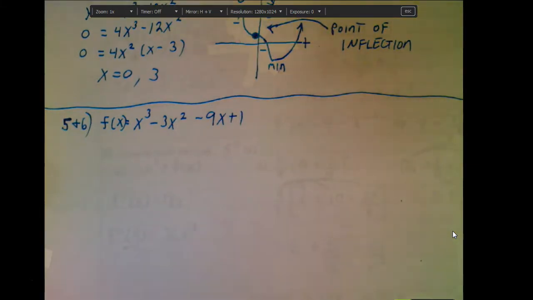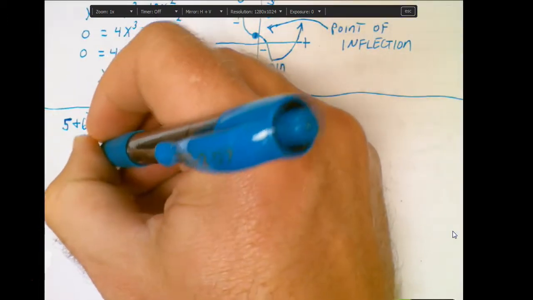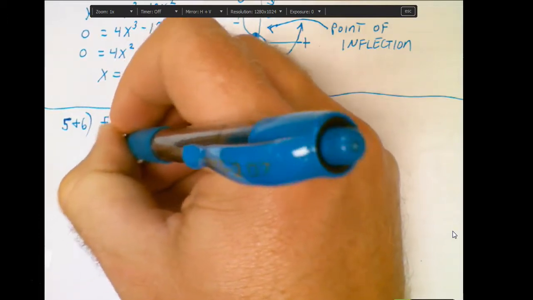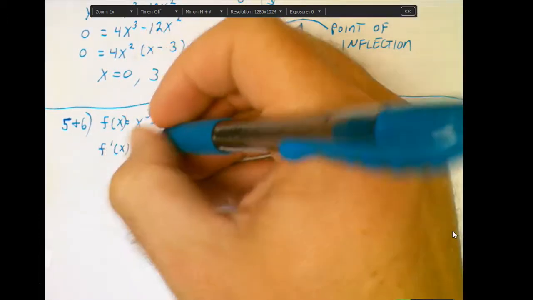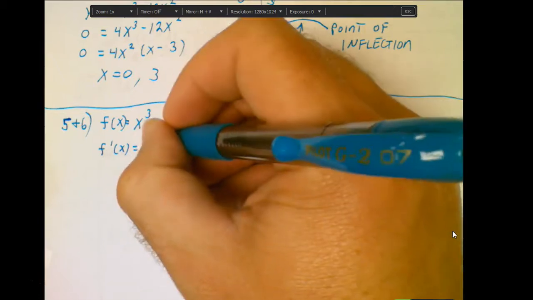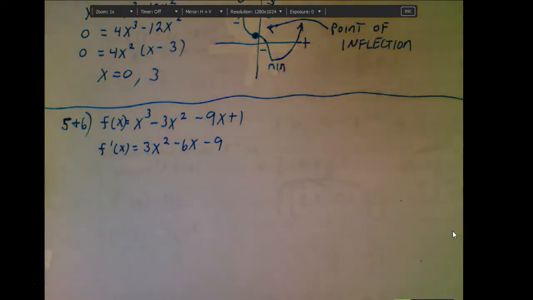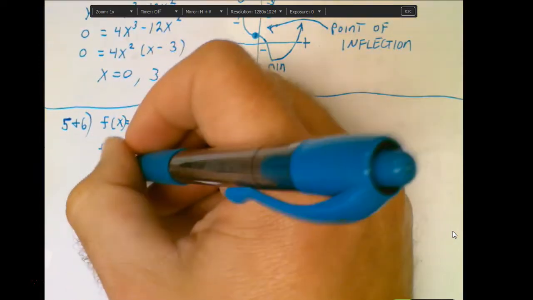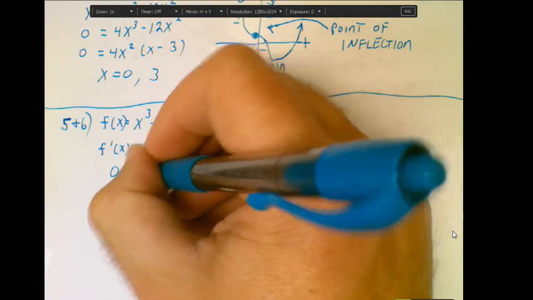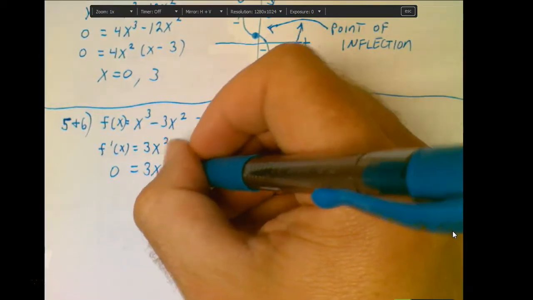Well, how do you find stationary points? Well, as I just said a second ago, a stationary point has a 0 slope. So if you take your derivative, so in this case using the power rule, we should see the 3x squared minus 6x minus 9. And if you take your derivative and set it equal to 0, that's going to help you find your stationary points.